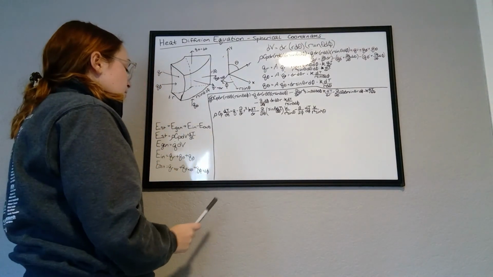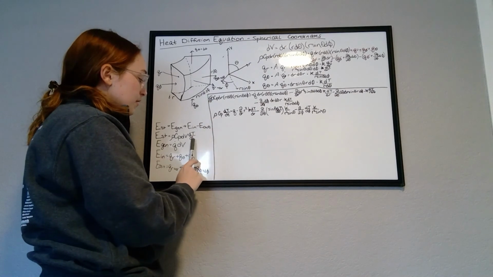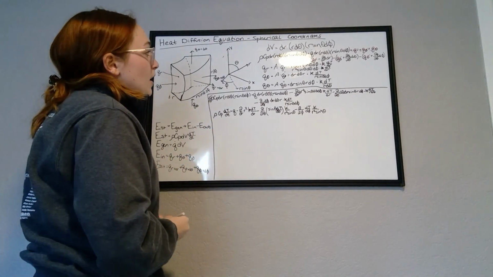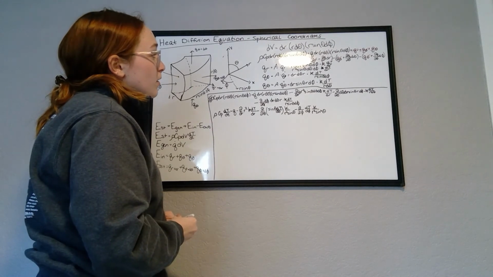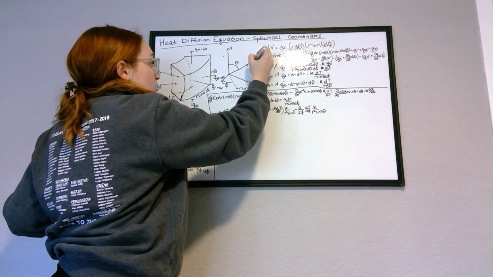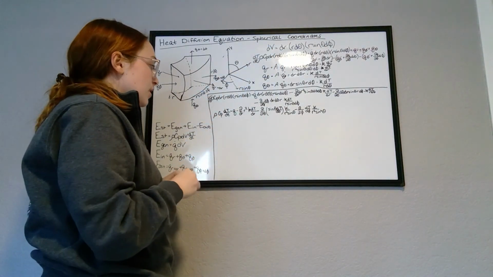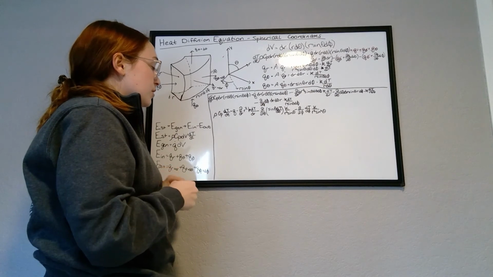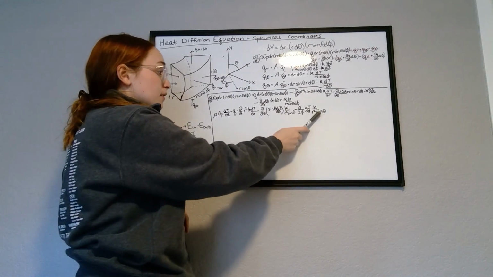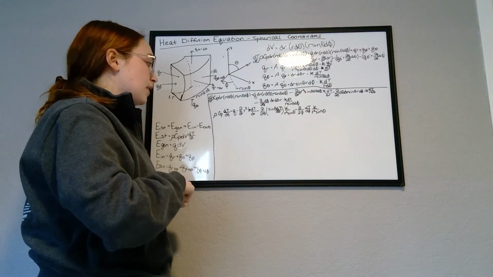I missed the d temperature, d time here and here, but I added it back in, and it should also be up here. The next step will be to divide everything by k, and I will write that out.